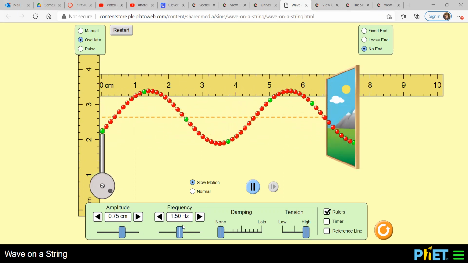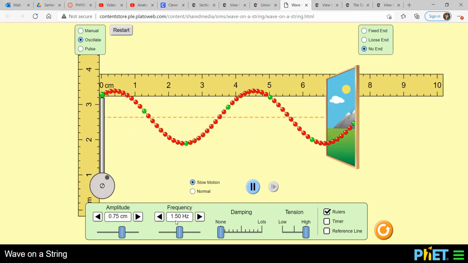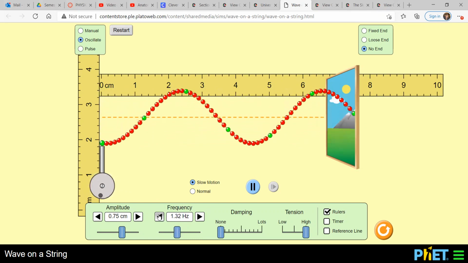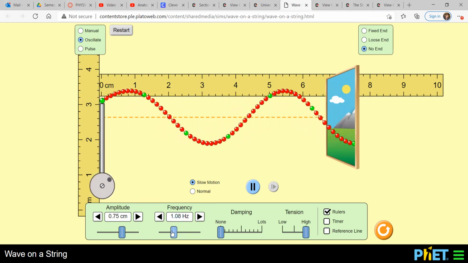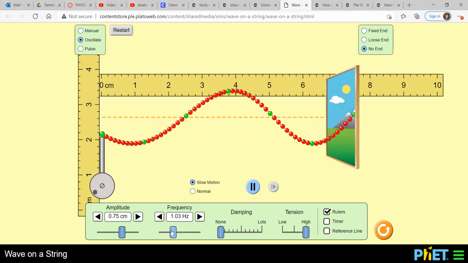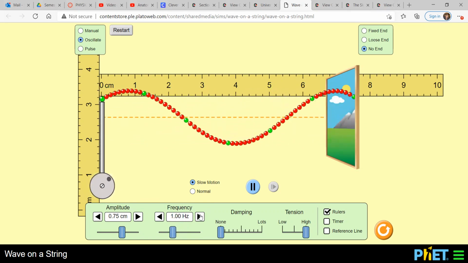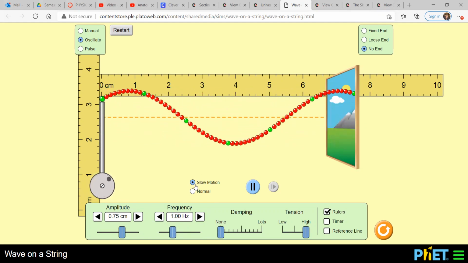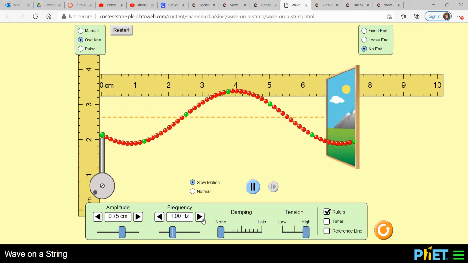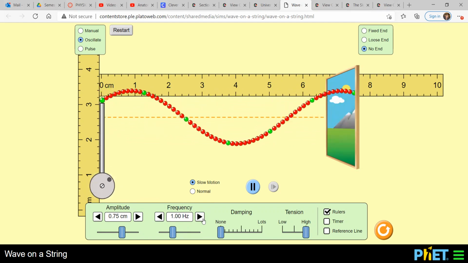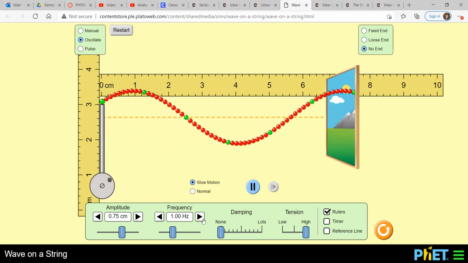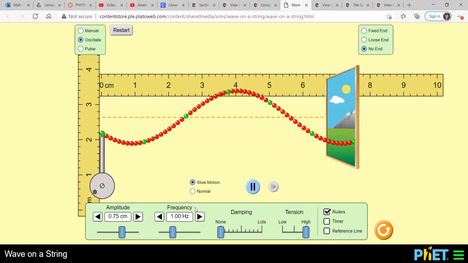And so the frequency is at 1.5 hertz. So let's go to 1. There we go. So like we said, it looks like that slows down the wave.